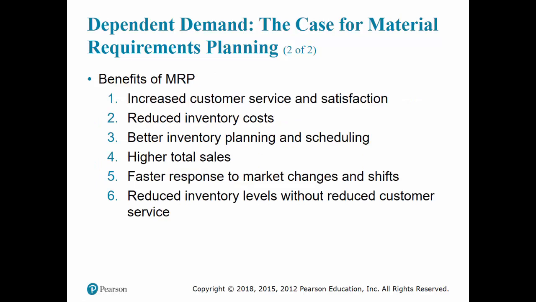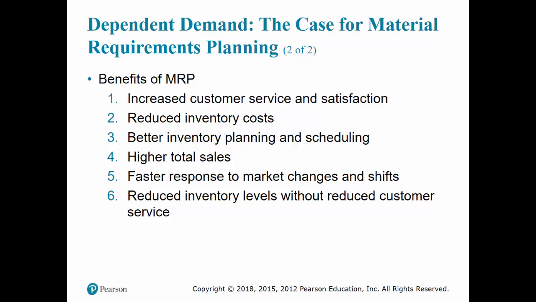The benefits of MRP: we can closely time the production with the time when the product is demanded. So we can make sure that it is produced at the right time, so we increase customer service and customer satisfaction. At the same time, since we are producing exactly when it is needed and not before, we have lesser inventory and reduced inventory carrying cost.